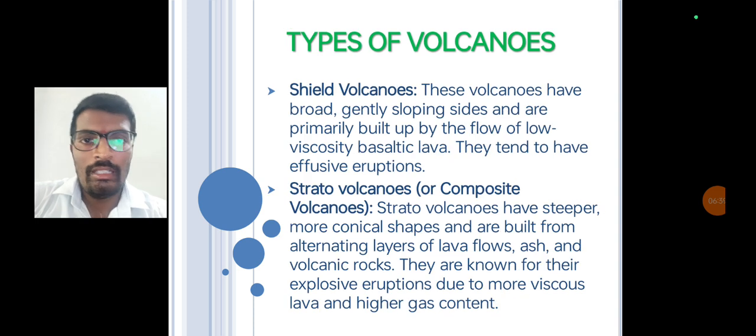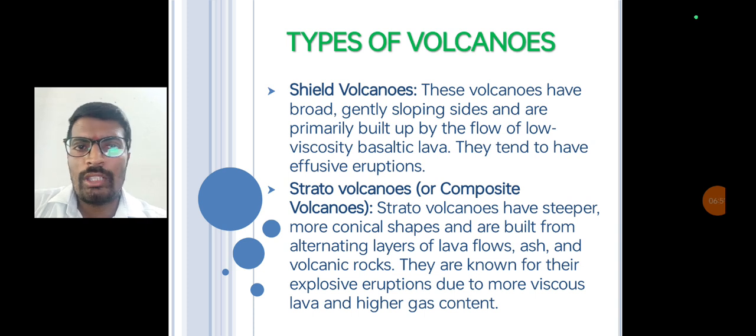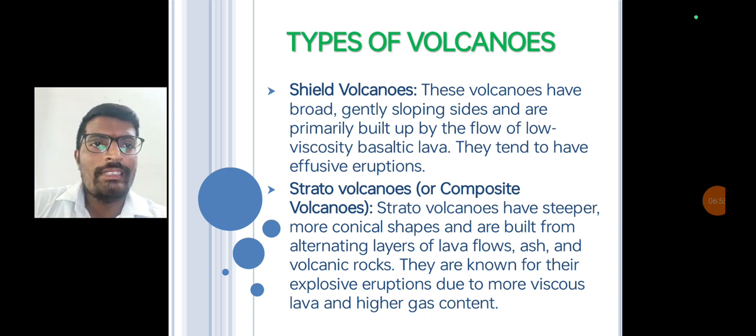Now coming to the types of volcanoes. These types are based on the layers at the crater and surrounding the crater. There are four types of volcanoes. The first type is shield volcanoes. These volcanoes have broad, gently sloped sides and are primarily built up by the flow of low viscosity basaltic lava.